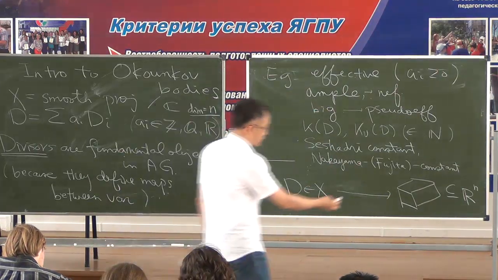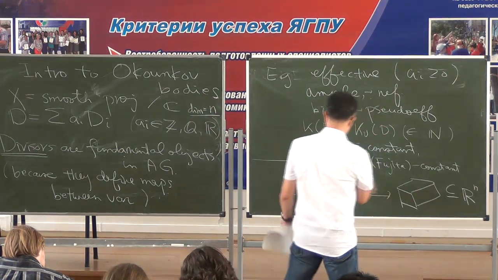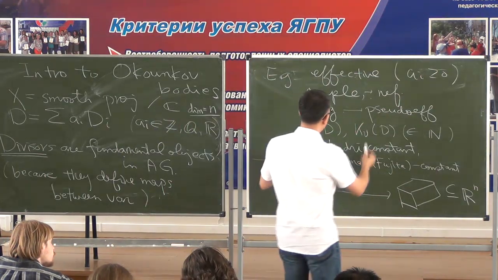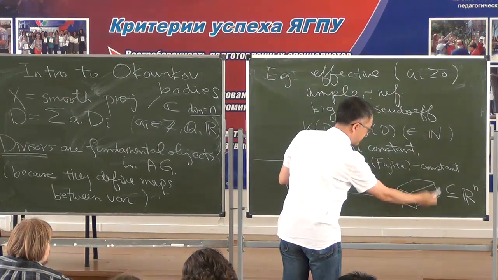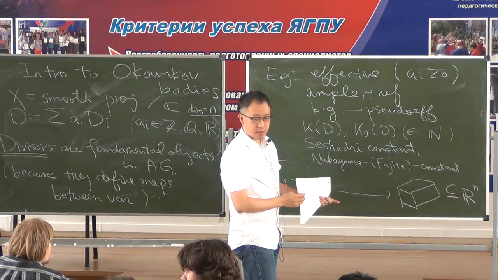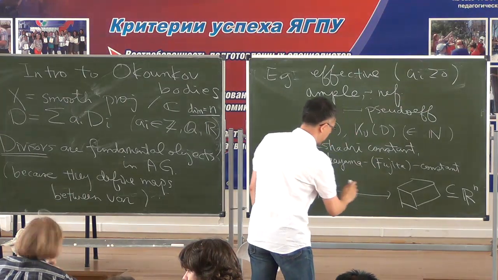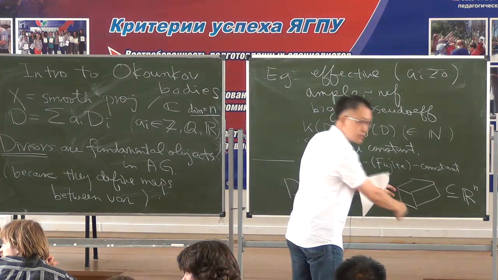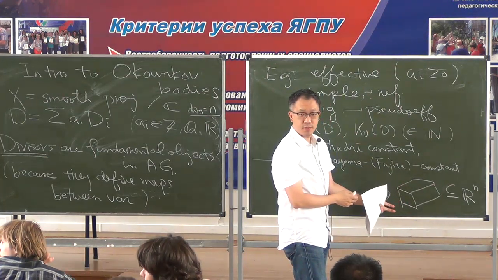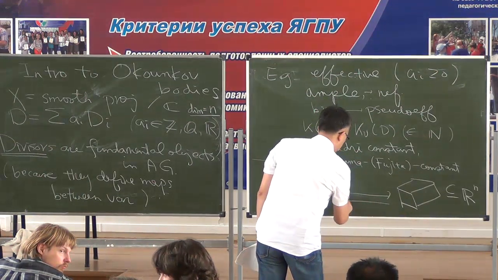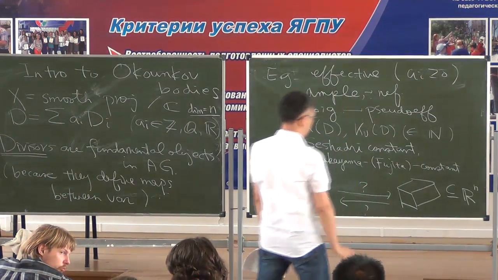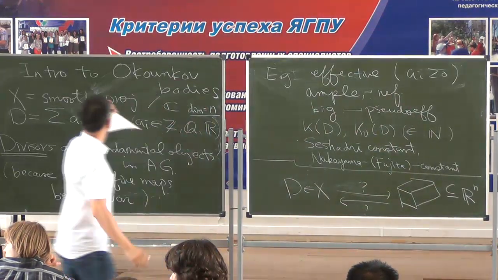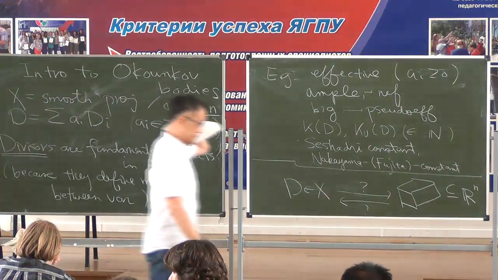Okay? And this is called the Okounkov body for the given divisor D. So what we do is we want to study all these properties just by looking at this object. So we are interested in how these properties are encoded in the structure of this Okounkov body. Okay? So this is the philosophy in the theory of Okounkov bodies.